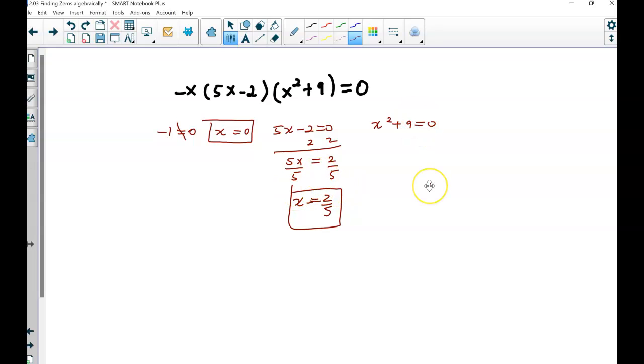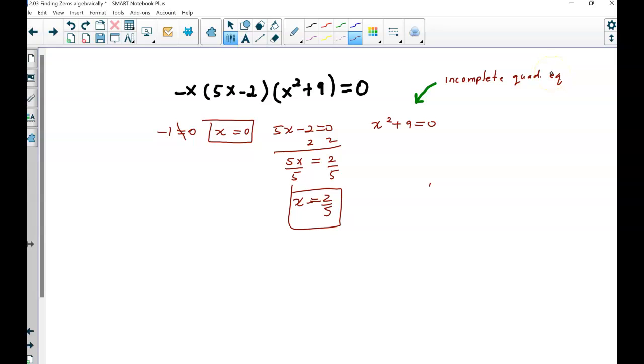And then finally, we encounter this incomplete quadratic equation. It's an incomplete quadratic equation because it is missing the x term.